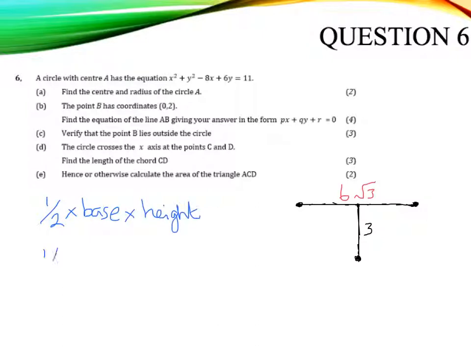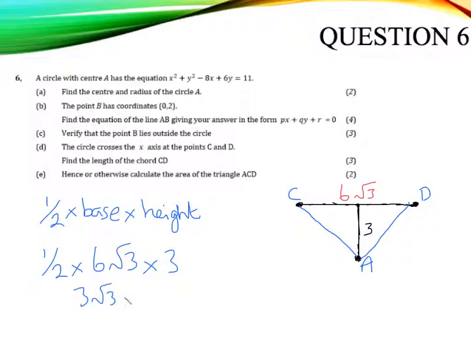So I can do a half times 6 root 3, multiplied by the height of the triangle, which I'm drawing out as here. This is ACD, multiplied by 3. So I've got 3 root 3 multiplied by 3, which gives me 9 root 3. So the area of the triangle ACD is 9 root 3.